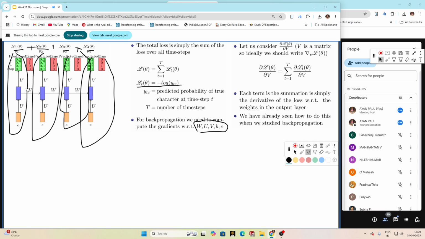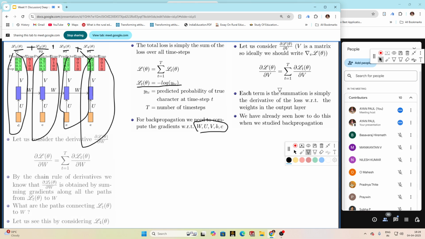That is the same as in the feed forward neural network, because the weight connecting the hidden state to the output has no other connection in between, so it is straightforward. Whatever we did in the feed forward neural network, the same thing you have to do. Just as we have so many time steps, we add a sigma, that means we add the gradients of all the time steps. That is this thing. Now what will be dL by dW?